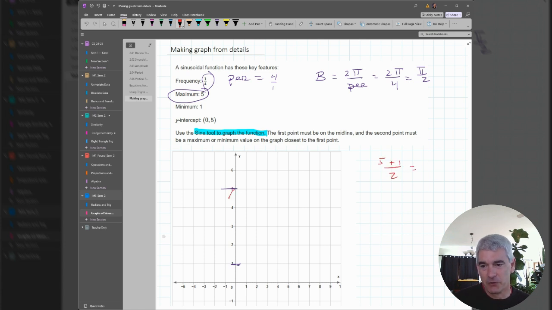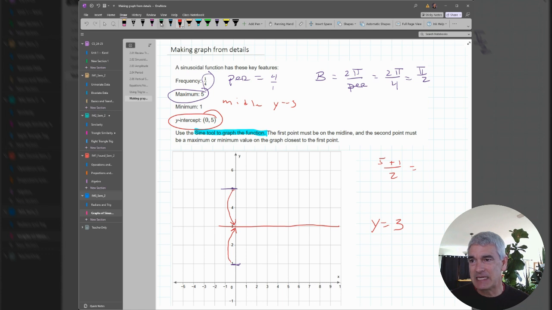It's 2 down from here and 2 up from here will bring me to the same place, which is y equals 3. So y equals 3 is the midline. I'll write it up here, midline, y equals 3. It looks like it has a y-intercept of 5, so it's peaking at the y-axis, or the y-intercept is the peak.